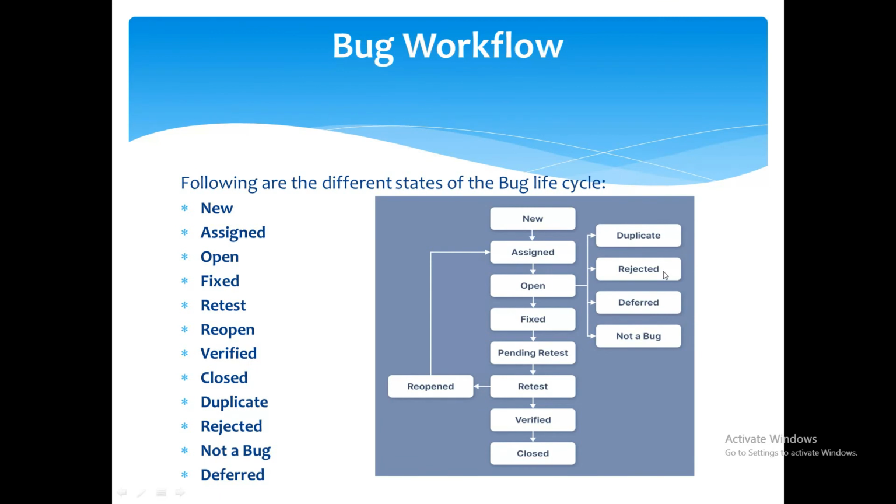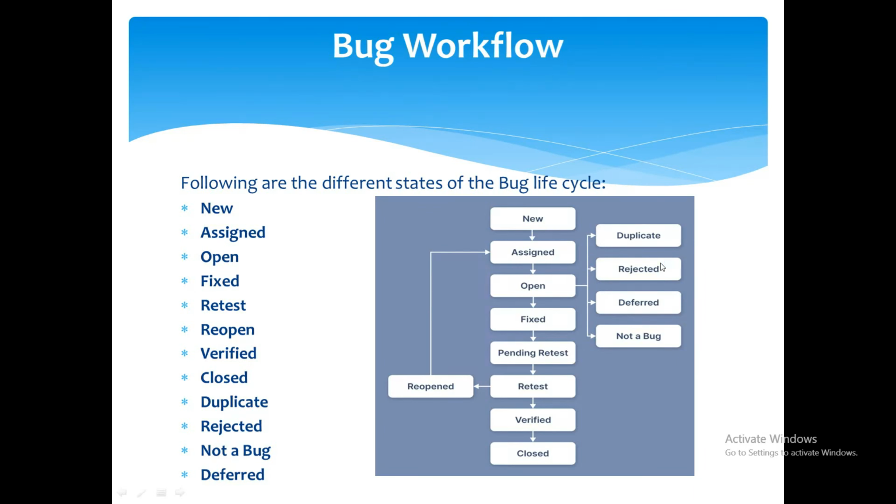The next is duplicate. If a bug is repeated twice or two bugs mention the same concept, then one bug's status is changed to duplicate. Rejected. If the developer feels that the bug is not valid, he rejects the bug, and the state of the bug is changed to rejected.